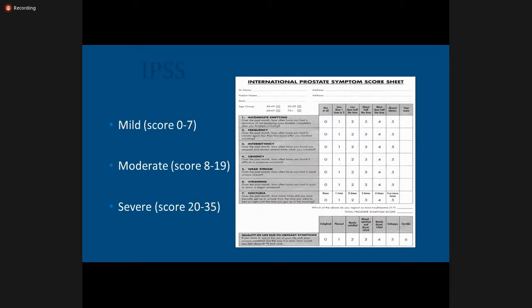It depends on the severity. If he is having more frequency, intermittency, weak stream, straining, or nocturia, then his symptoms will be more severe.